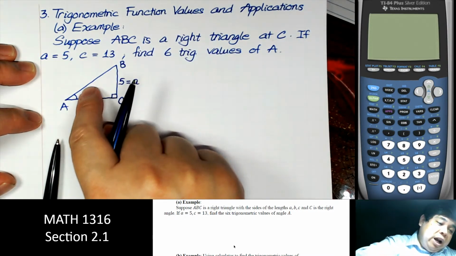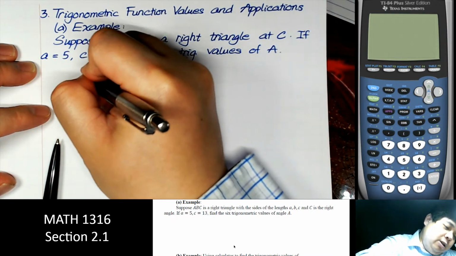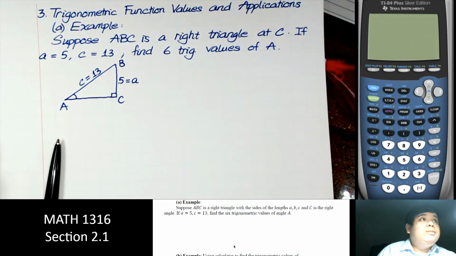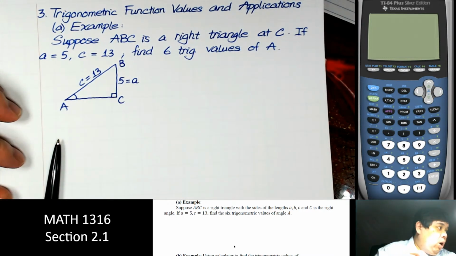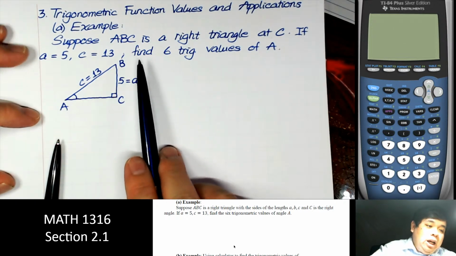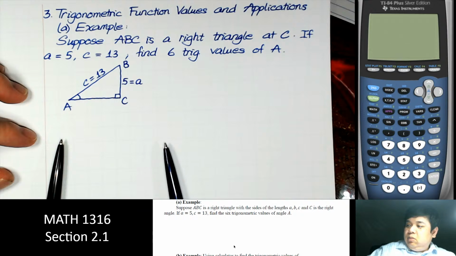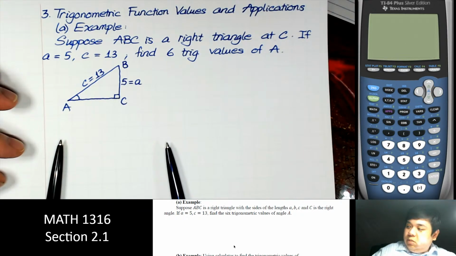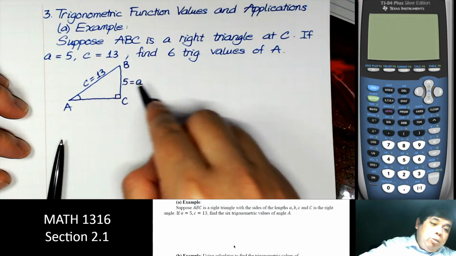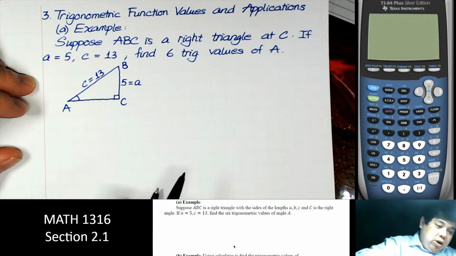And opposite to the angle C is c. If we try to find all the trig values of A, we need to know b as well.